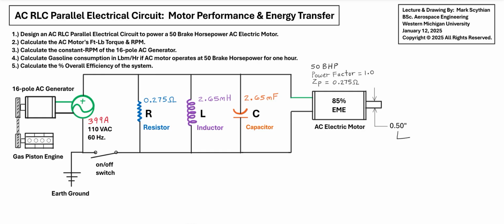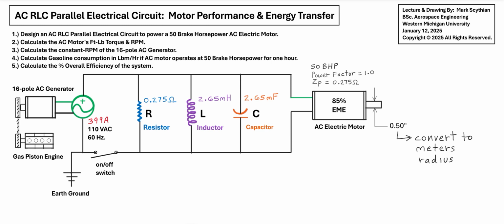So these are the stamps that would be on the motor, the 50 bhp, and the power factor of 1.0, and the impedance value of 0.275 ohms. So now assignment 1 on the list of 1 through 5 is now complete.